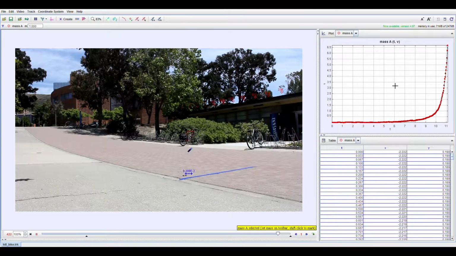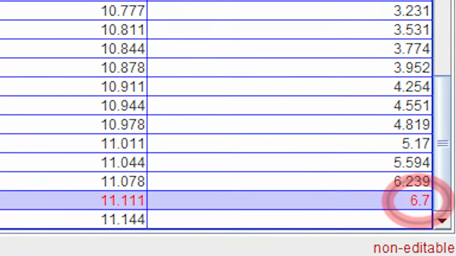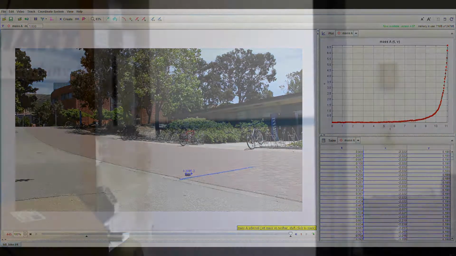So if we go into this graph, we can see that his final velocity is about 6.7 meters per second, and knowing that, we can compare it to the theoretical speed and figure out how much energy was lost to things like heat.